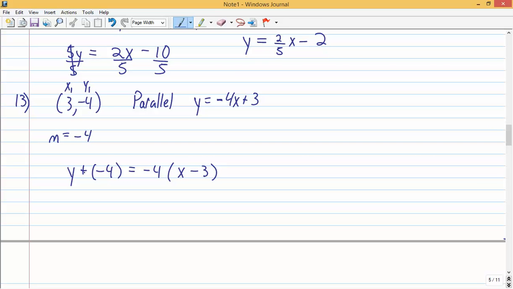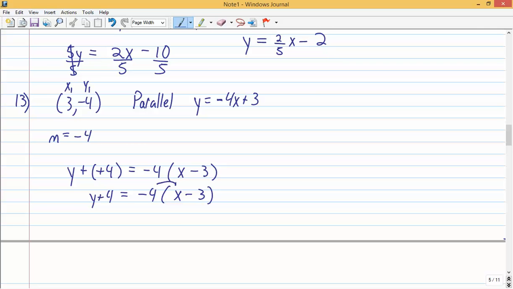Anywhere you have minus a negative, you put plus. So I have y plus 4 equals -4 times x minus 3. Now, if the problem would have asked for point-slope form, I'd be done. But it asked for slope-intercept form. That was the directions. So I need to make it y equals.